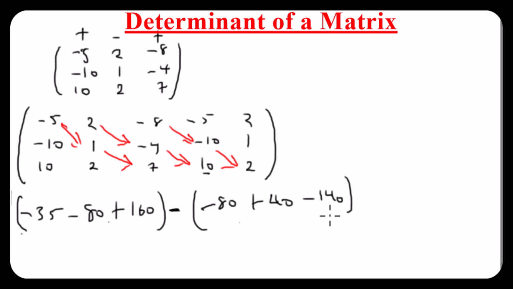All right, so let's simplify this. So let's just get the calculator. Okay, so we have -35 minus 80 plus 160. So everything here will give us 45. Okay, so let's simplify this equation here. So we have -80 plus 40 minus 140.